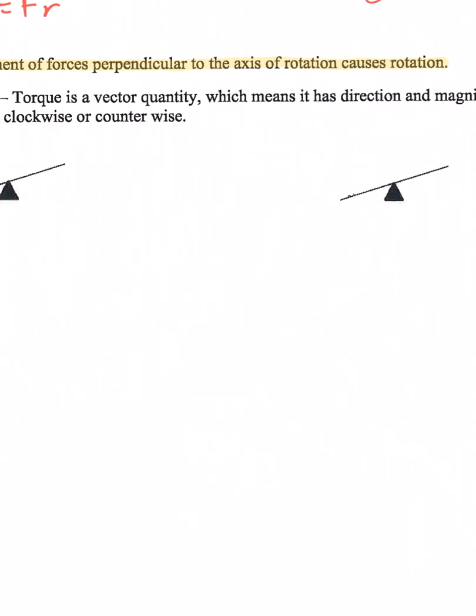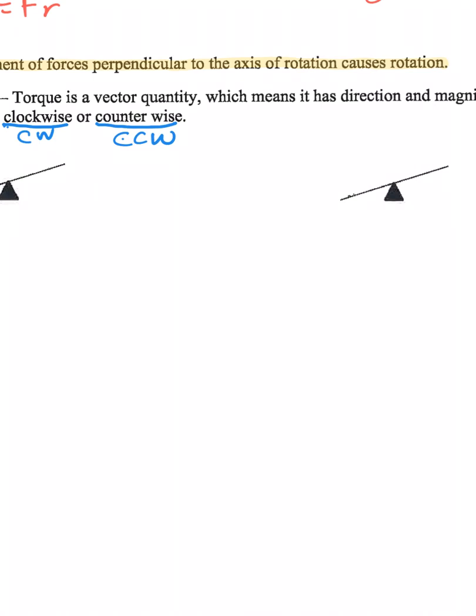Now let's talk about direction. Torque has a direction and a magnitude. You already got the magnitude. What are my directions? We either do CW or CCW. Clockwise, counterclockwise. Clockwise is the direction the clock hands turn, counterclockwise is the other way.